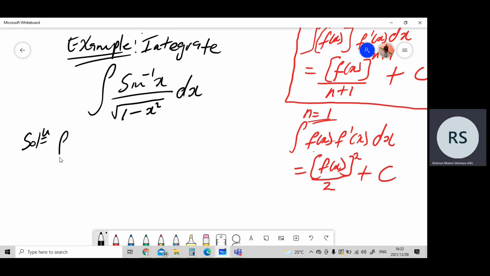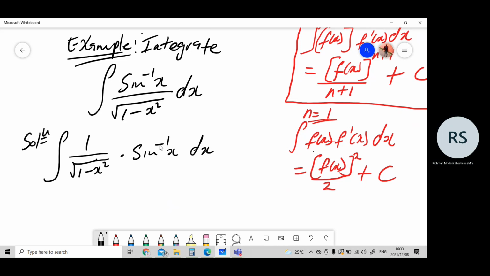So what you notice here, when we integrate, we can write this as 1 over the square root of 1 minus x squared multiplied by sine inverse of x, dx. So what you notice here, we have a product of two functions. You know the derivative of sine inverse. Even this formula, if you need, I will give you. The derivative of sine inverse of x is 1 over the square root of 1 minus x squared. So it's like we have a product.